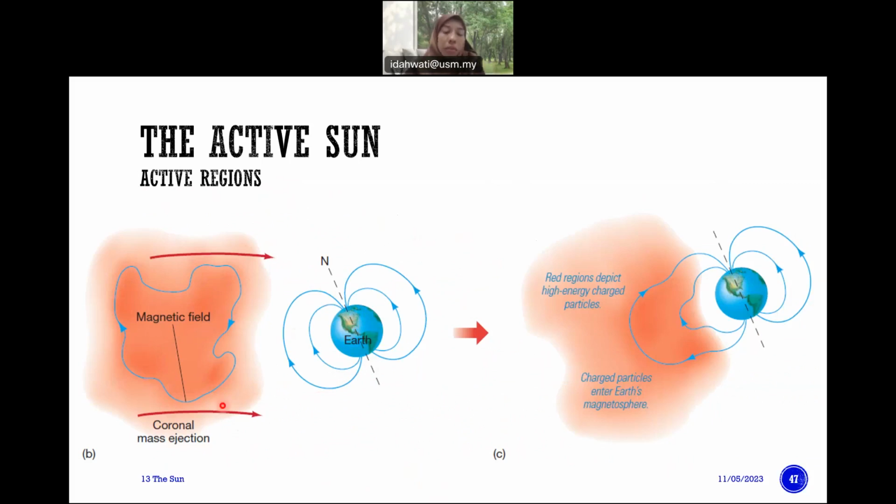Okay, this EMP from the sun might go to the area near the Earth, and also the magnetic field on our Earth might be disrupted, okay, the signal or communication. And now we have these red regions depicting the high energy charged particles, okay, here, and the charged particles will enter our Earth's magnetosphere. So it will become like this. So it's distorted. Somehow they disturb our magnetic field lines. So it's a very dangerous thing.